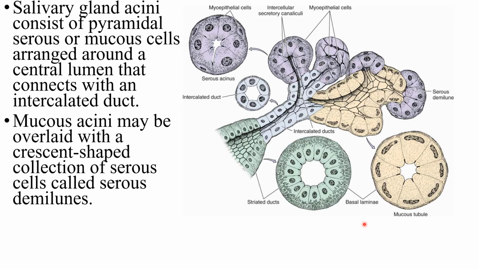And you can also see here the anatomy of intercalated duct as well as the striated ducts. So the intercalated duct will have simple epithelial cells, and inside there is a lumen.